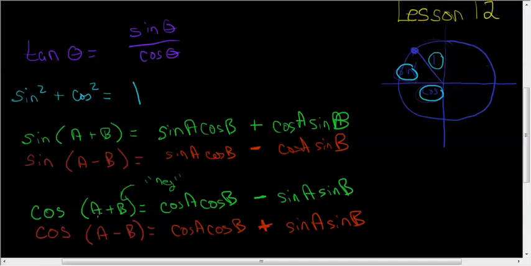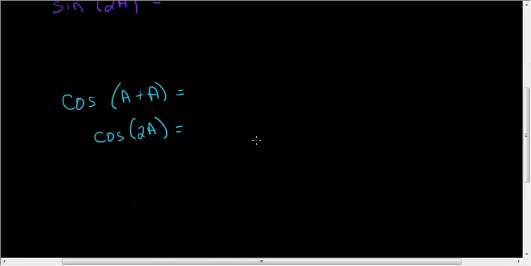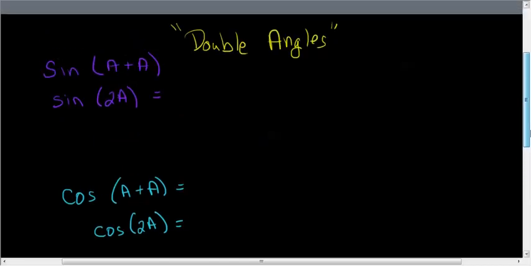One of the ways that it's easier to remember this is actually from the double angle formulas. So let's talk about the double angles. What if A and B are the same angle? So what if it's sine of A plus A?